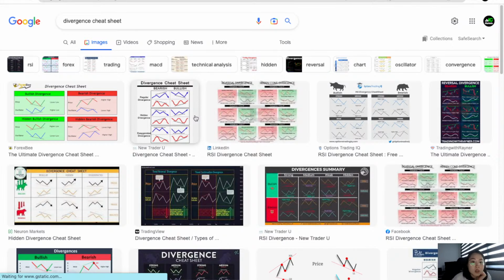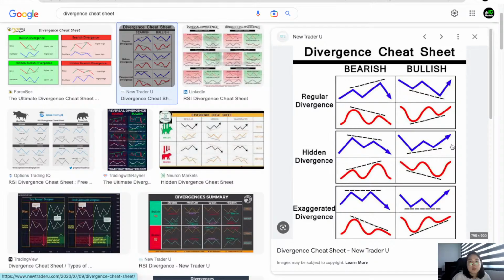So you can use this to find your hidden divergence. Okay, actually it's on a downtrend where you take the high, and on the uptrend you take the bottom. Thank you, Jen B.